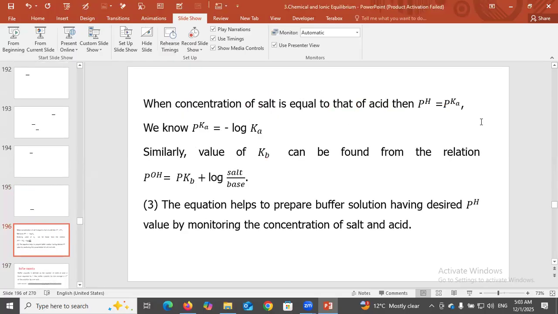When the concentration of salt is equal to the acid, then pH equals pK. We know that pK equals minus log K. Similarly, the value of Kb can be found from the relation pOH equals pKb plus log salt over base. The equation helps to prepare a buffer solution having the desired pH value by controlling the concentrations of salt and acid.